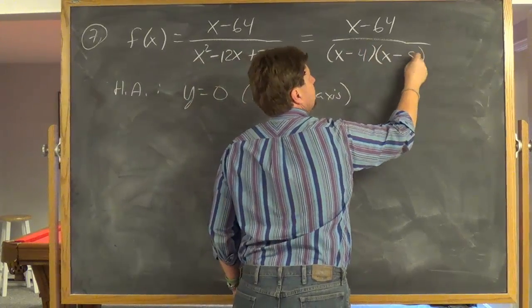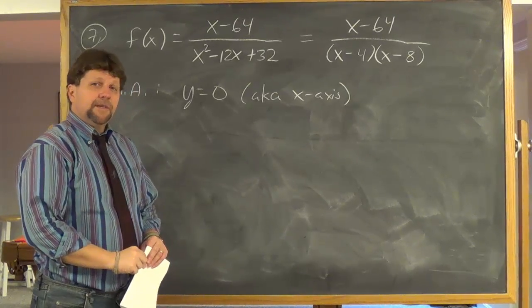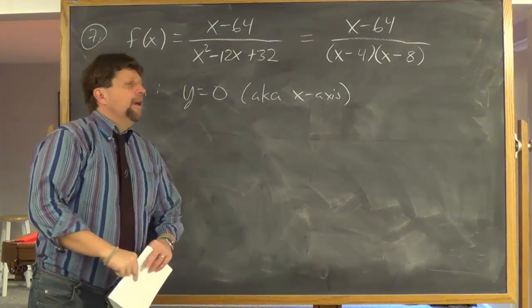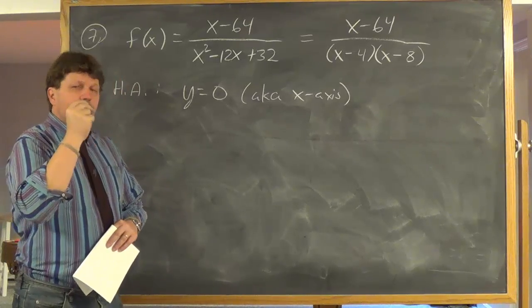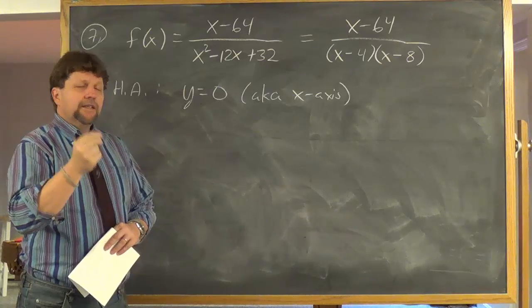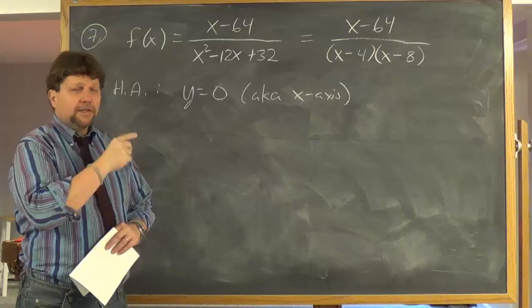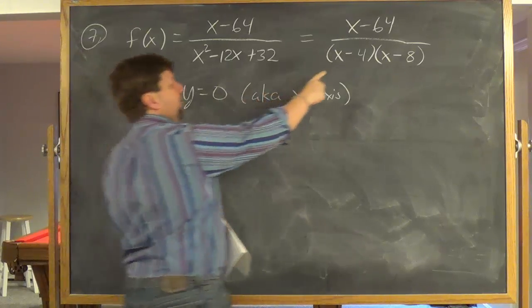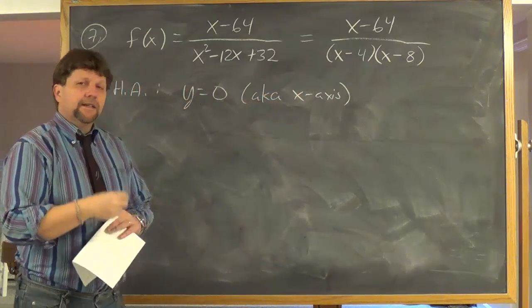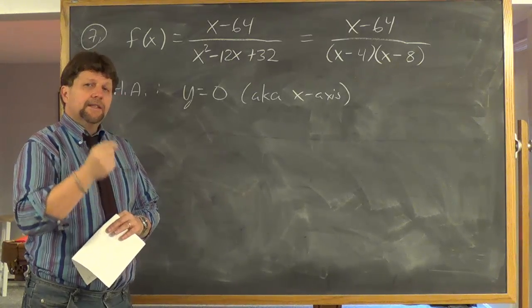I think that's what you'll see the denominator factors to, x minus 4 times x minus 8. Now the game is you determine those values of x that make the denominator 0. And it looks like, from the factored form, the values of x that make the denominator 0 are x equals 4 and x equals 8.